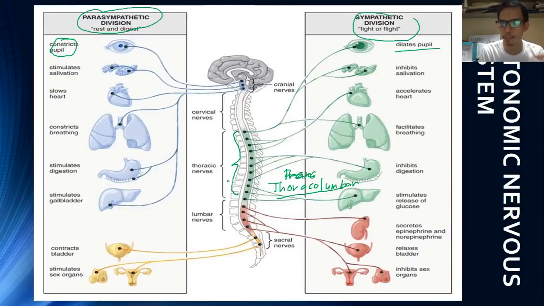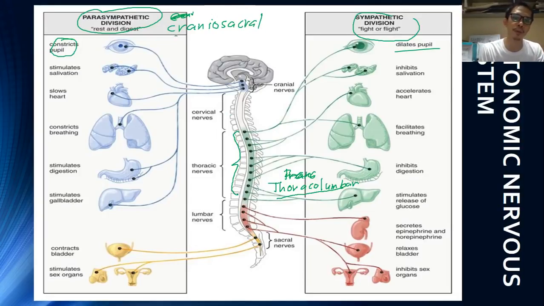Alright, so if the sympathetic nerves are in the thoracolumbar part of the spinal cord, the parasympathetic division is located on the craniosacral part. Sorry for that. The craniosacral region of the spinal cord.